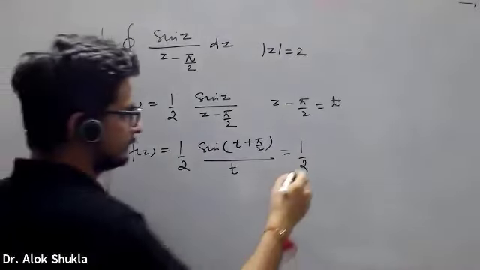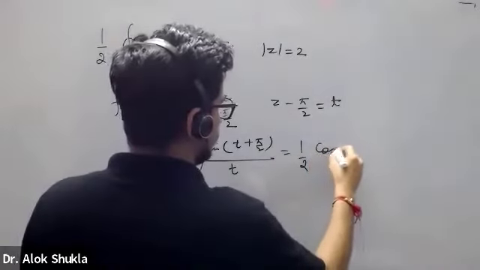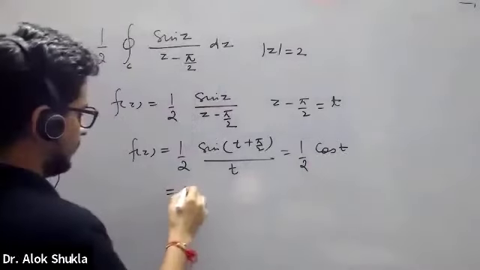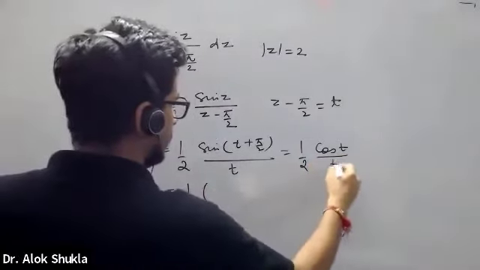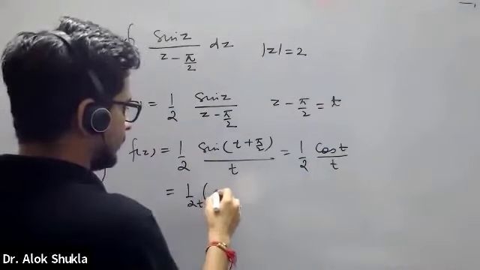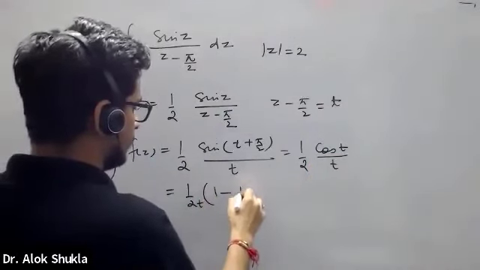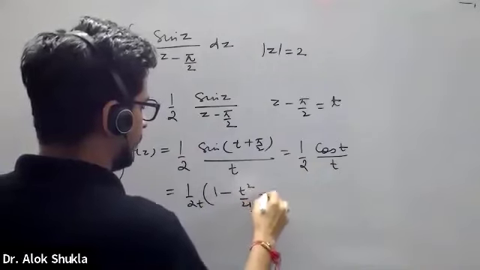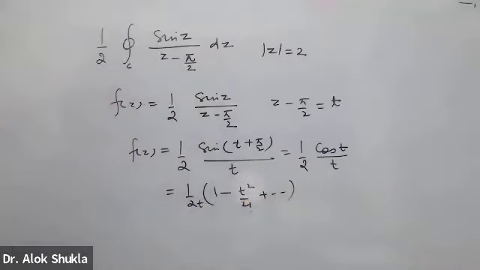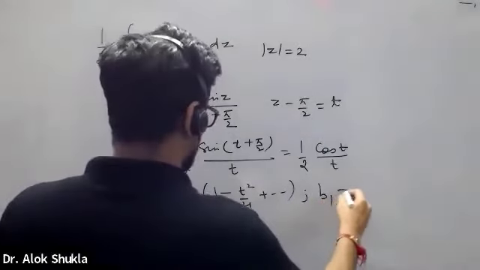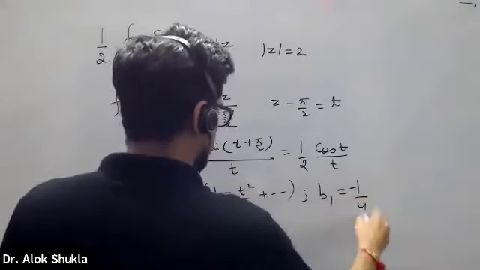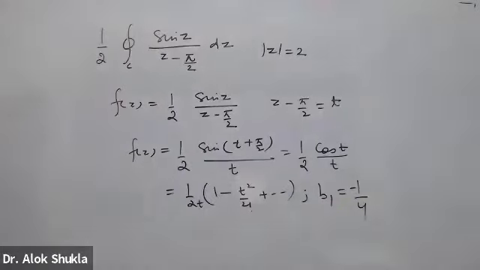Cos theta. So it will become cos of t, and this will become half over t, times 1 minus t square by 2 factorial plus and so on. If you remember, it will become this. And what will be b1? 1 by 4. Is that okay?